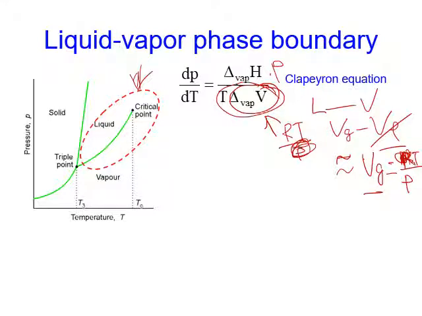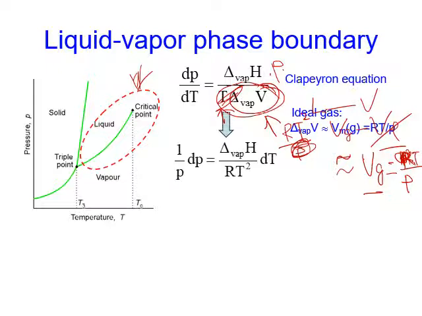So P times delta H divided by RT squared. So here it becomes RT squared because you have a temperature here. All right, now we can divide by pressure on both sides. So that gives you this equation: 1 over P dP equals delta H over RT squared times dT.